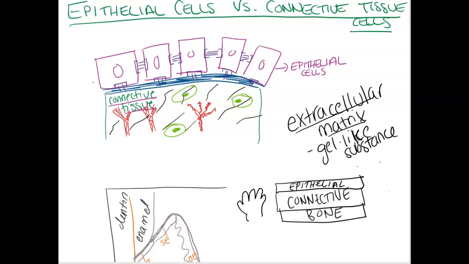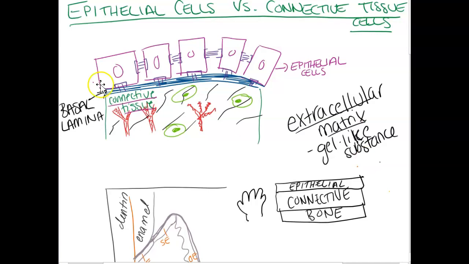One other thing that I want to talk about is something called the basal lamina. This blue line over here that's separating the epithelial tissue from the connective tissue, I'm going to write it over here, is known as a basal lamina. Basal lamina is also sometimes known as a basement membrane.